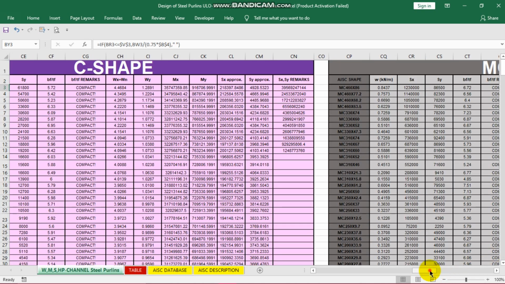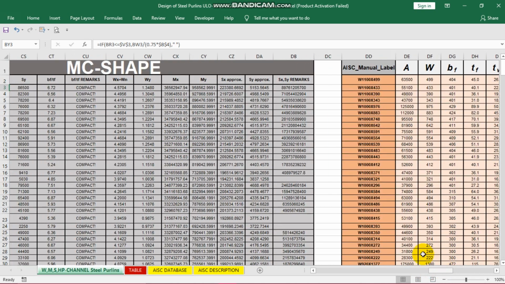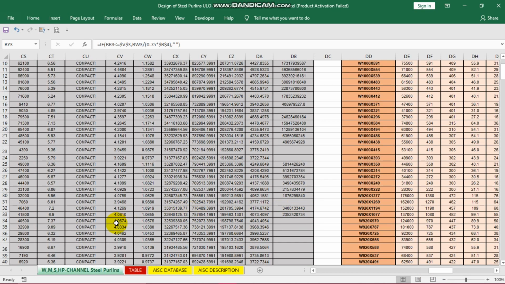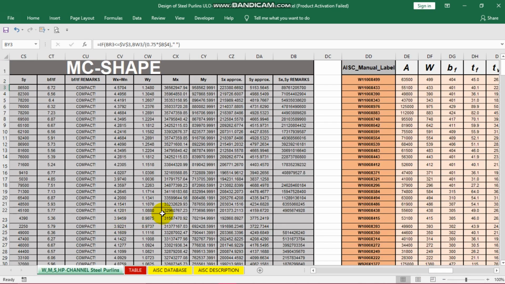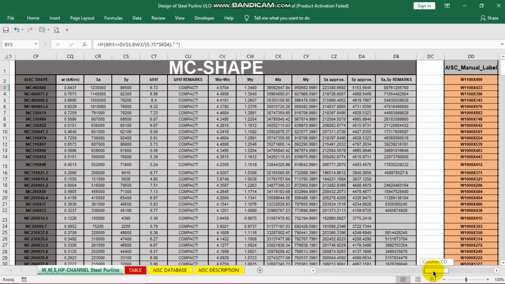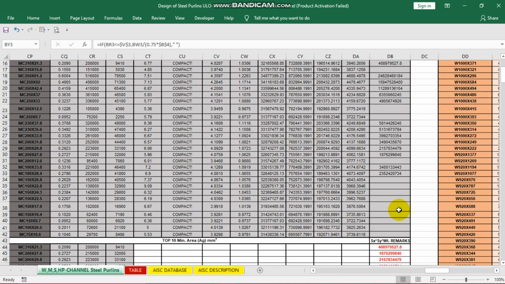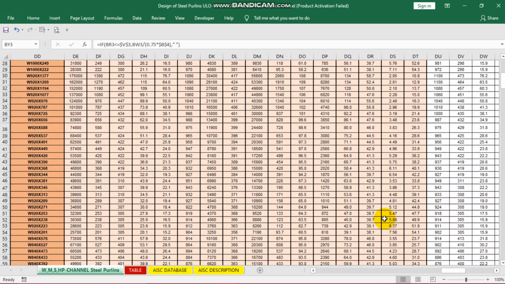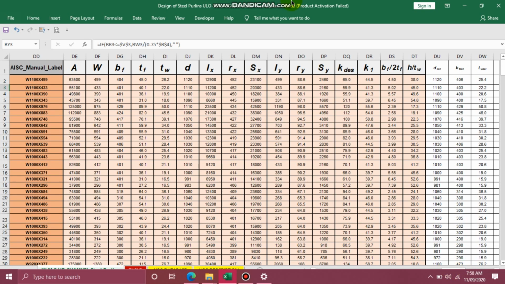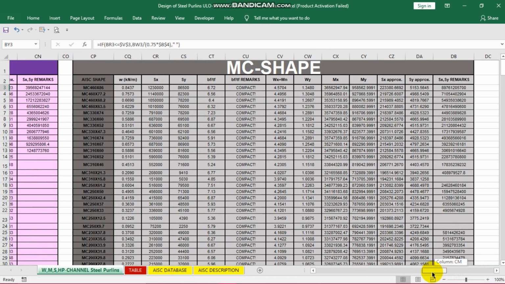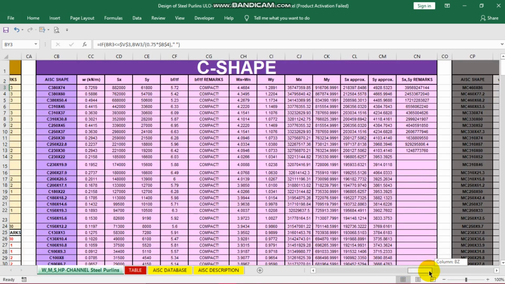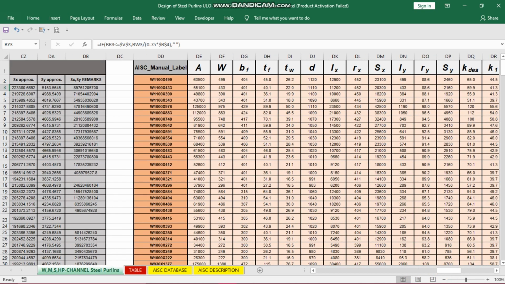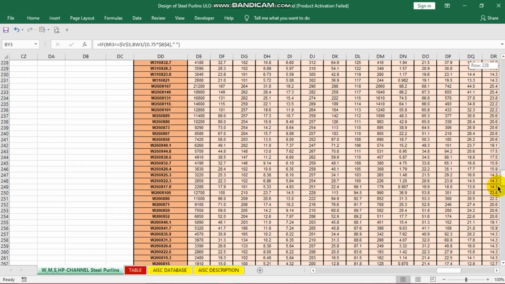And for the MC shape, they are all compact, but some SX and SY values did not pass the approximation values of SX and SY. So, this is my top 10, sir. So, these are my AISC data. Here, sir.